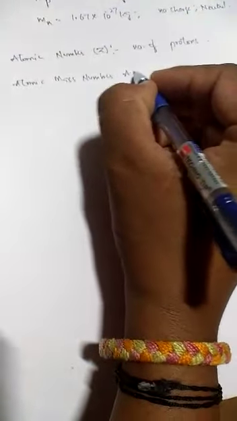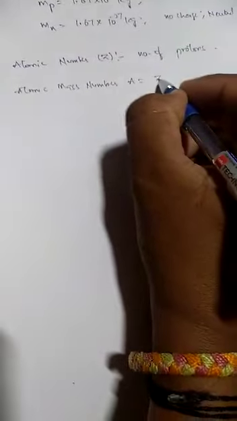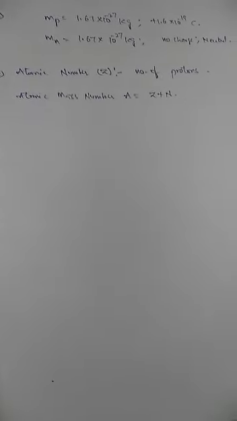The atomic mass number is denoted by capital A. The sum of protons and neutrons we call the atomic mass number. Okay, that is A = Z + N. Here Z represents the number of protons, N represents the number of neutrons. Based upon the number of protons and neutrons, the stability of the atom depends.